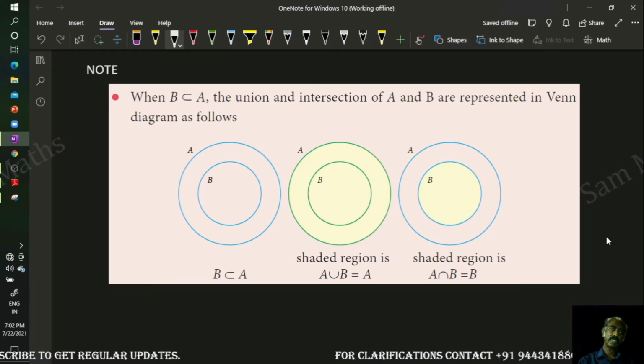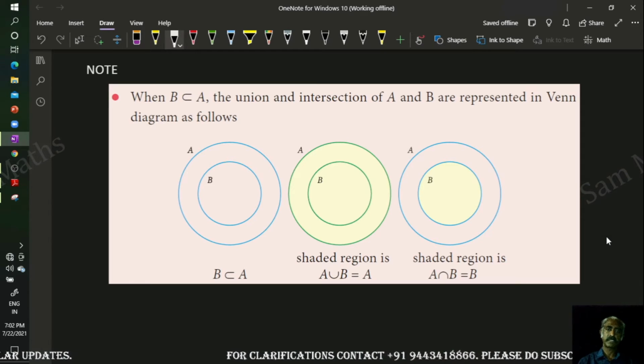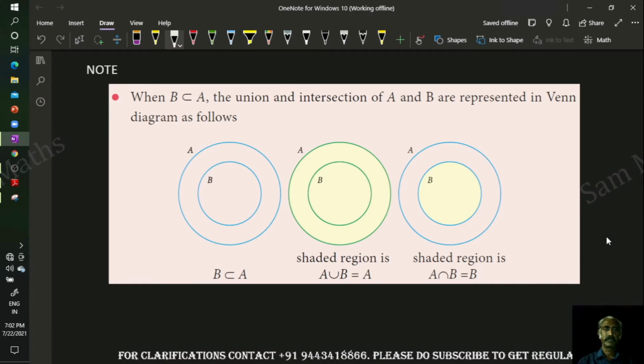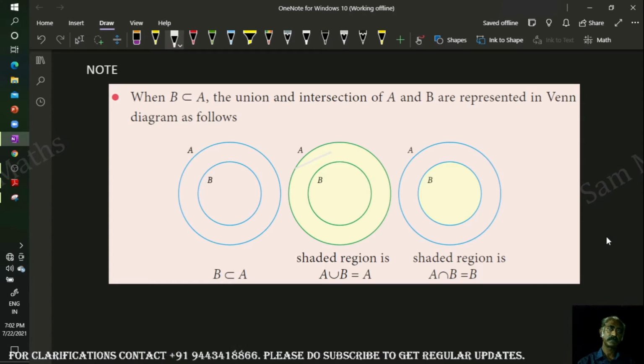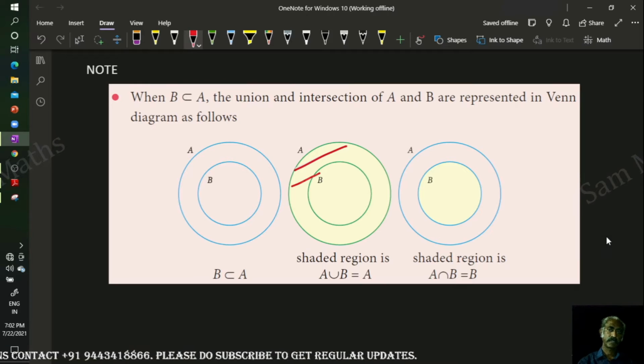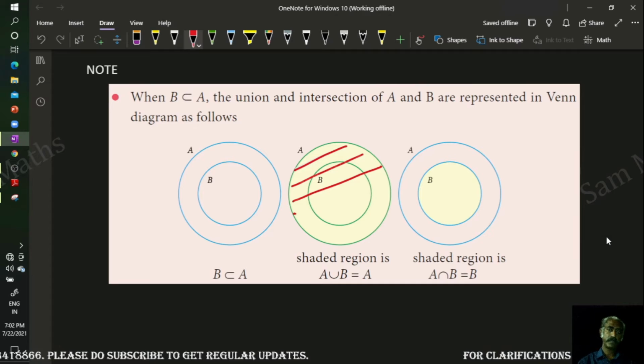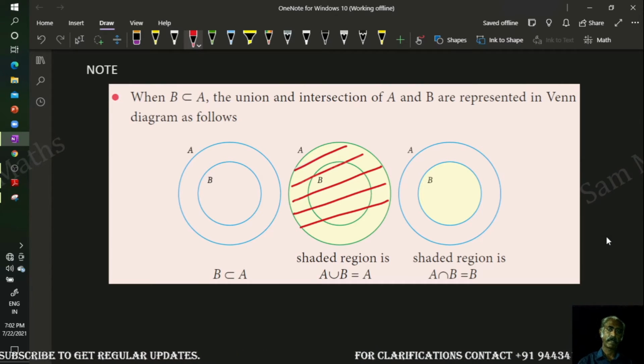So we are getting the intersection and union, they are marked there. The shaded region is A union B, that is equal to A itself. Union means A and B together.